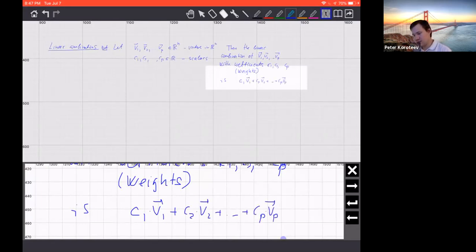Right, so you take the first vector multiplied by the first number, the second vector multiplied by the second number, etc., and then you sum them up. It's just a name, but it's used quite a lot.